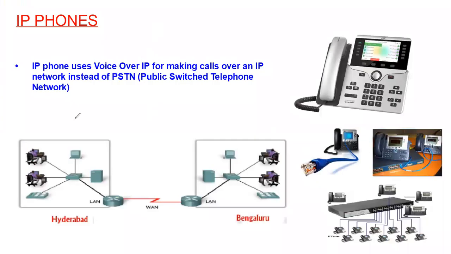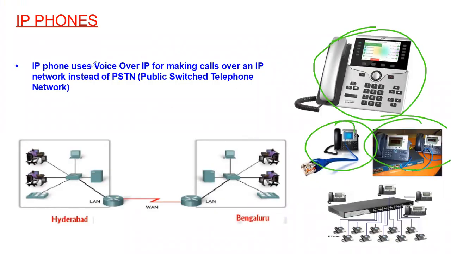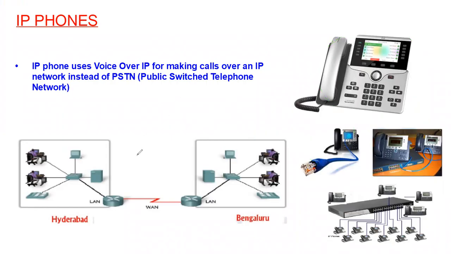Then we are having IP phones. IP phone uses voice over IP for making calls over the IP network instead of PSTN. Previously, if you wanted to make calls, we had a separate network called PSTN.